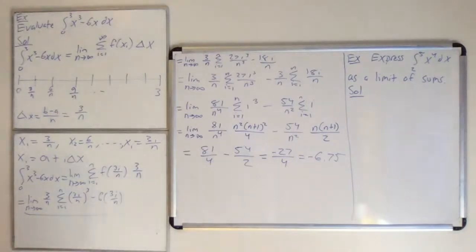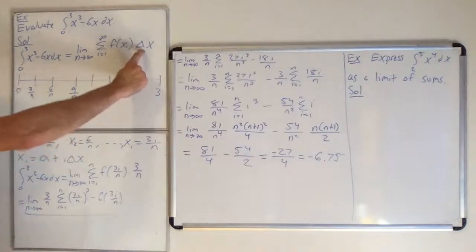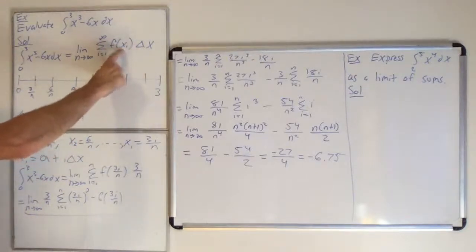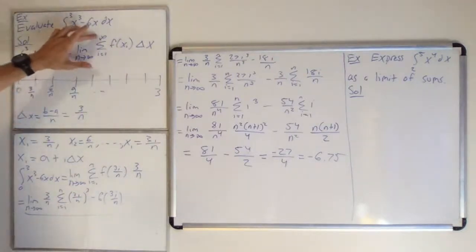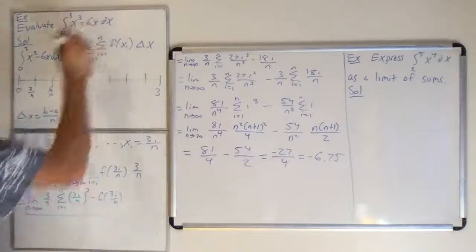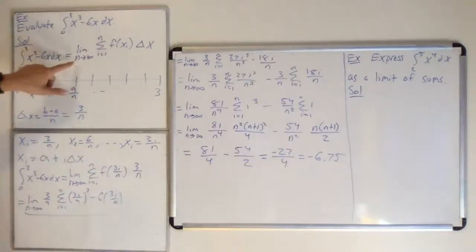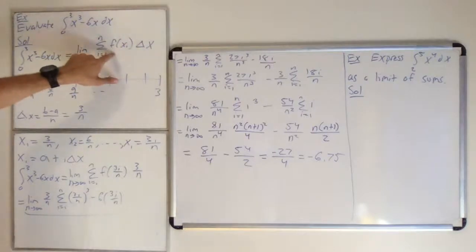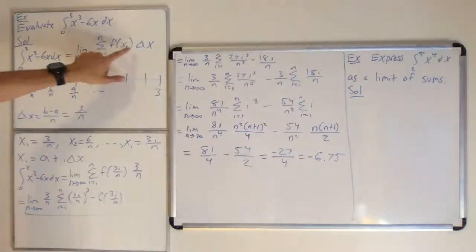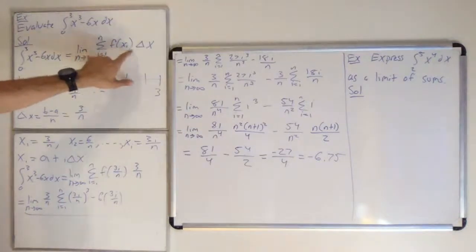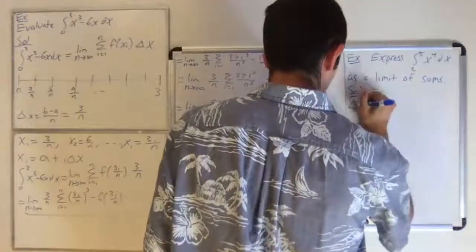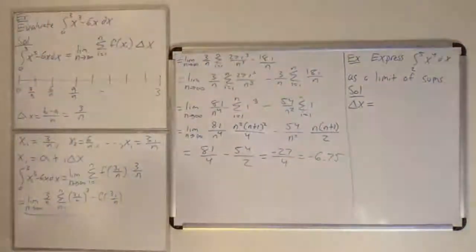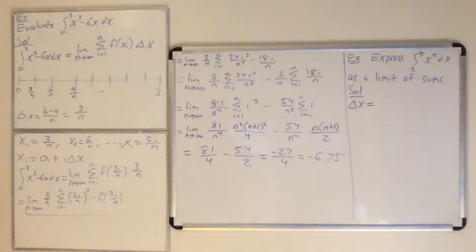So what bits of information do we need? We need delta x, and we need x sub i. And that's it, right? Because we were given the function. So what's delta x? Well, delta x is b minus a over n.